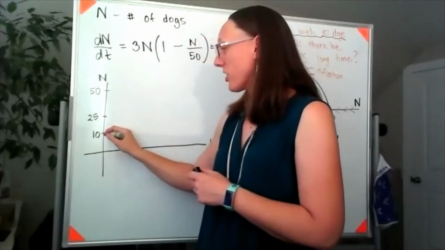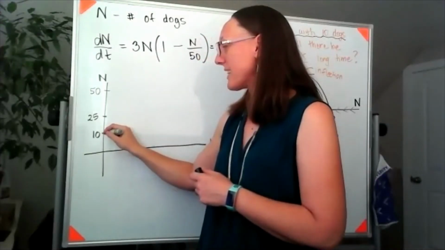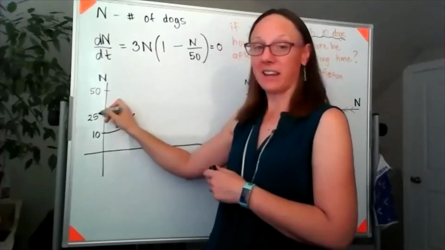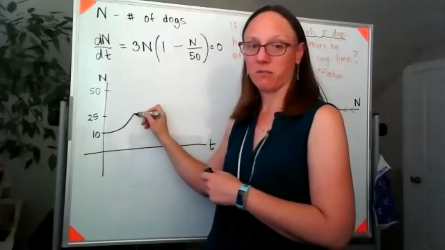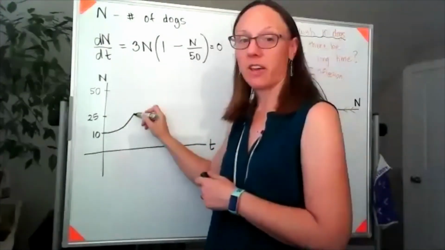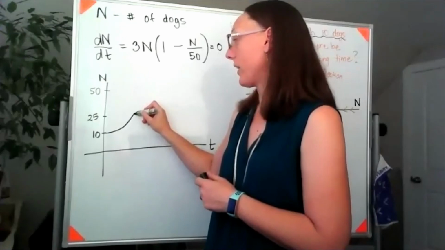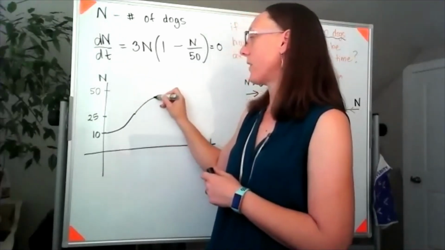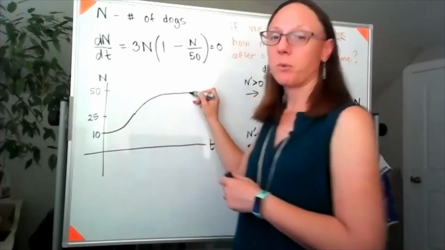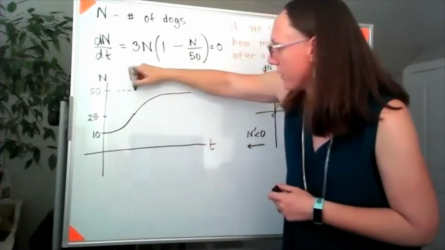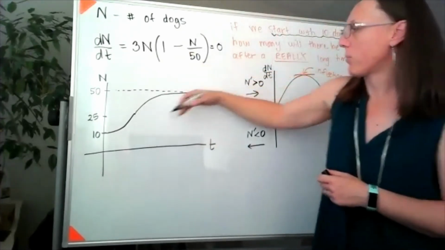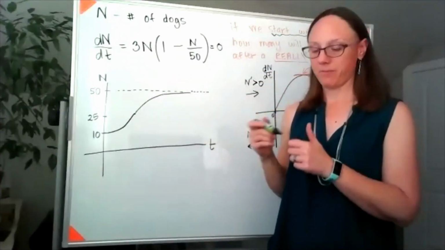So my population is going to be increasing. And then we're going to get to that inflection point of a population of 25. And rather than being that nice concave up thing, we're going to hit that inflection point and suddenly be concave down. And that long-term behavior is that I'm going to be asymptotically approaching 50.